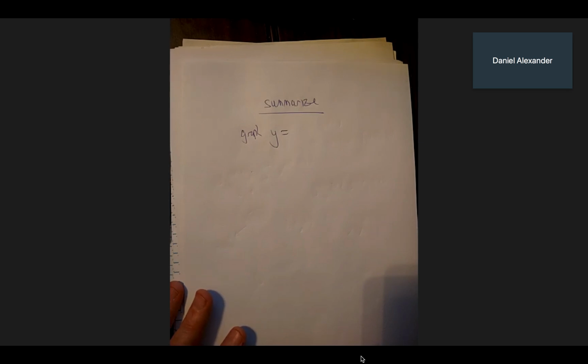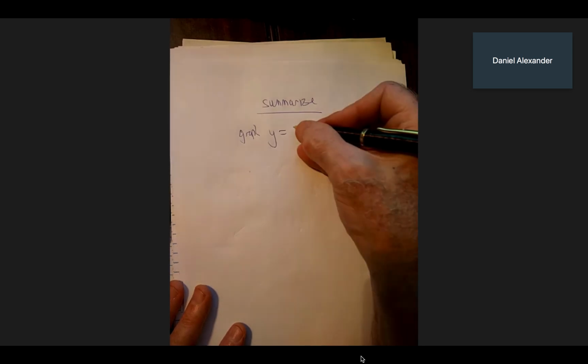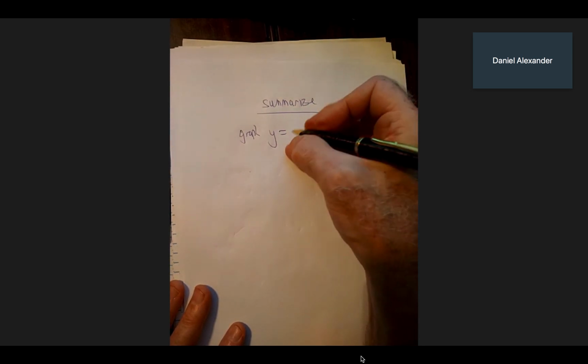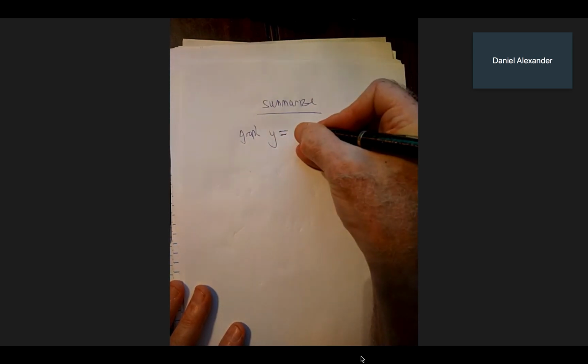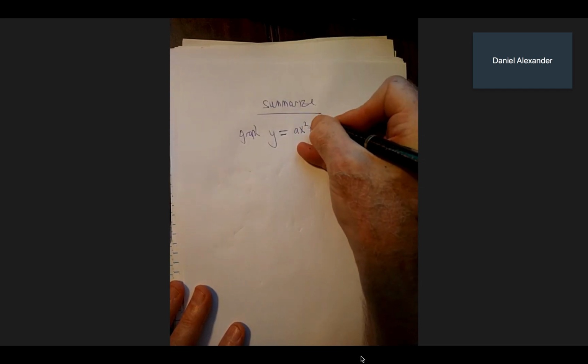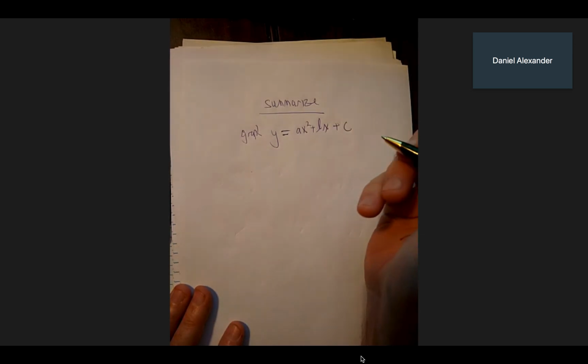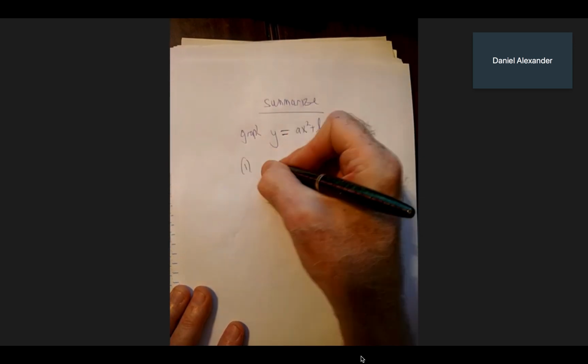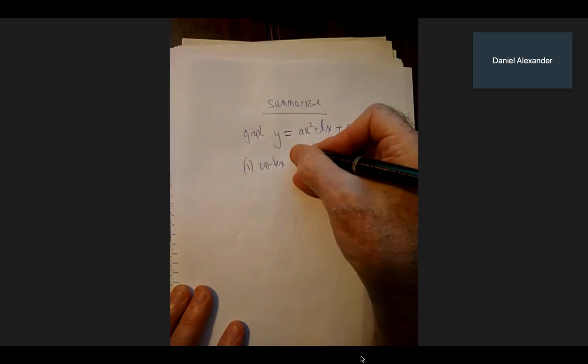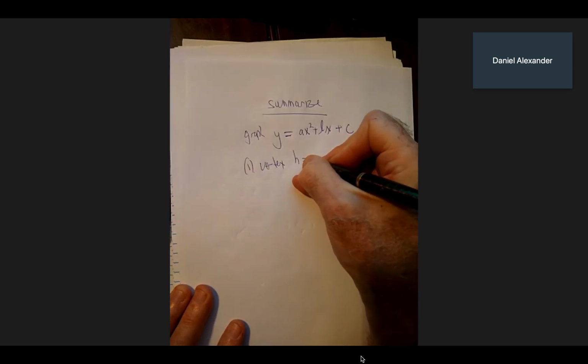So what we're going to do here is to graph y equals ax squared plus bx plus c. What I do is find the vertex, h is minus b over 2a, and k is equal to c minus ah squared.